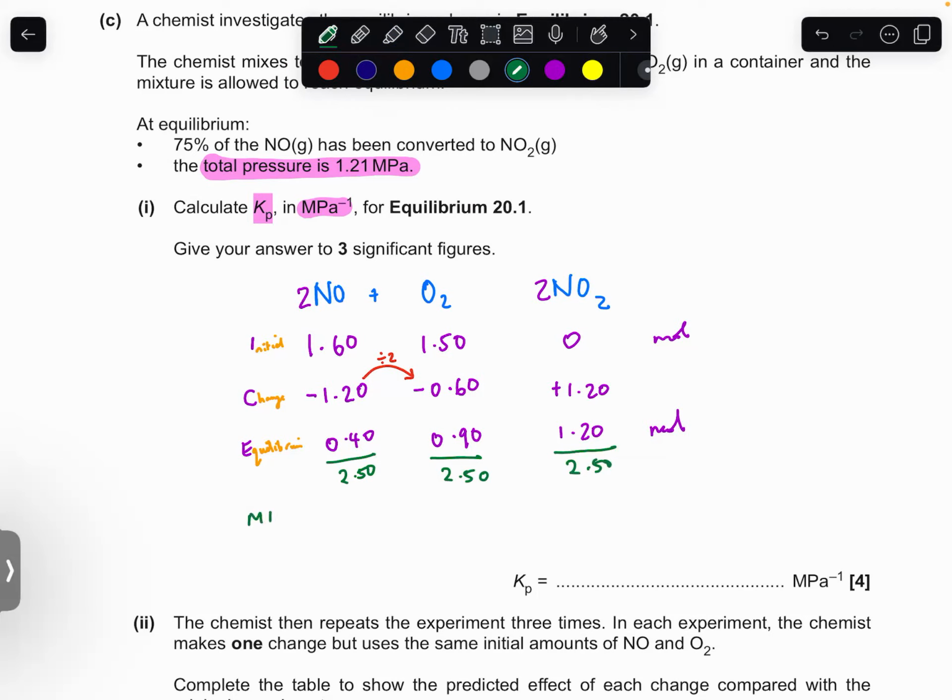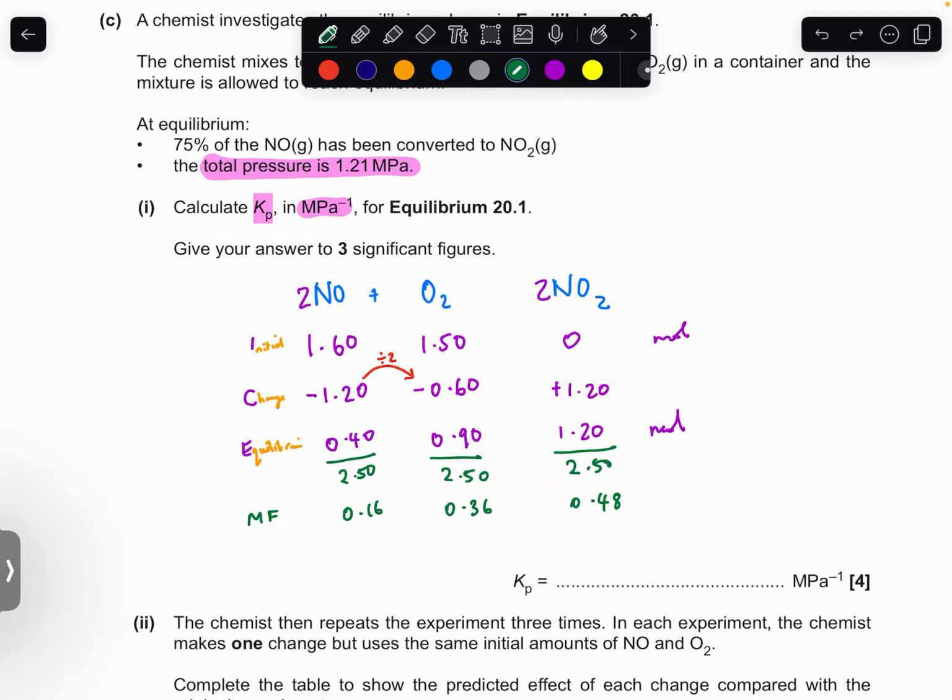And you see these mole fractions need to add up to 1. So yep, that adds up to 1.